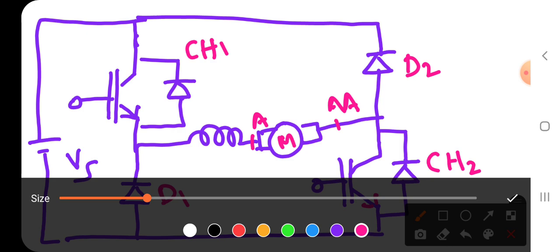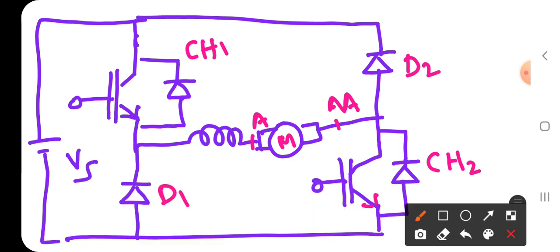How do the four switches allow the current? Chopper 1 allows the current in this direction. Do remember, D1 allows the current in this direction, D2 allows the current in this direction, and chopper 2 allows the current in this direction.